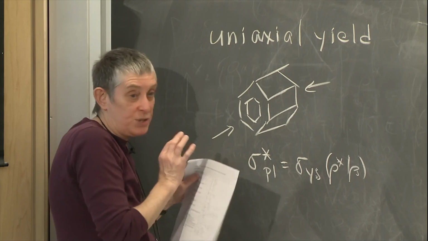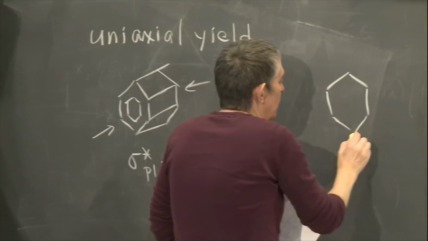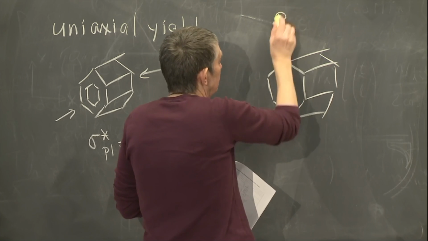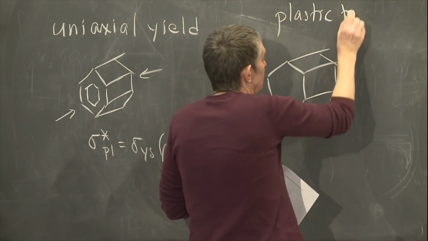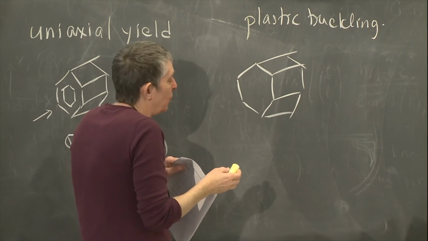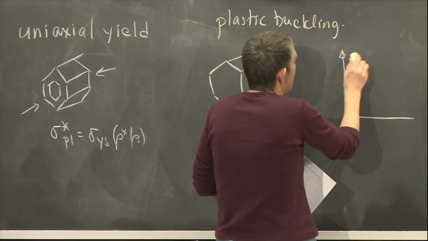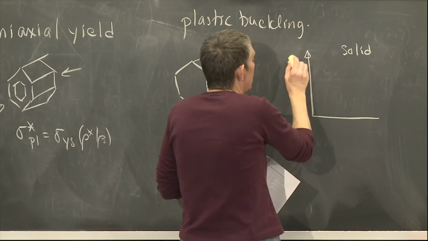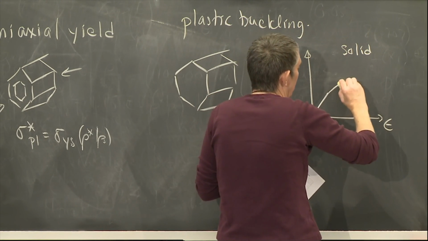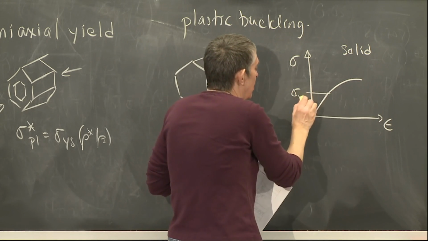Now imagine that the cell walls are thin. Say I have the same honeycomb like this. The solid material has some stress-strain curve, with a linear elastic part and then a yield point, and say this is the yield strength here.